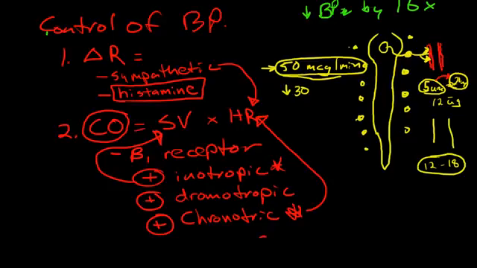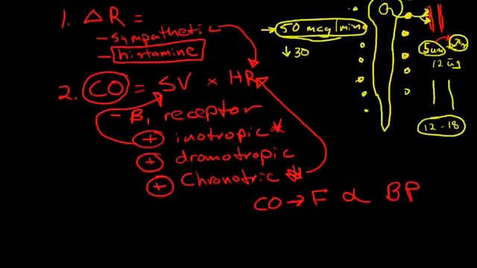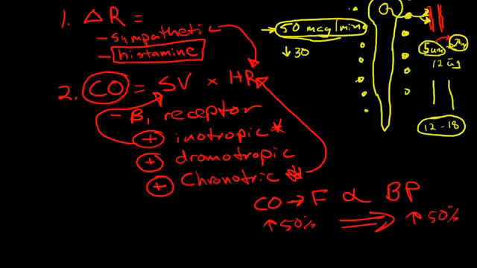Remember, cardiac output is equal to blood flow, and it has a 1-to-1 relationship with blood pressure. So if you increase cardiac output by 50%, you increase blood pressure by 50%. Okay, so those are the major determinants of blood pressure.